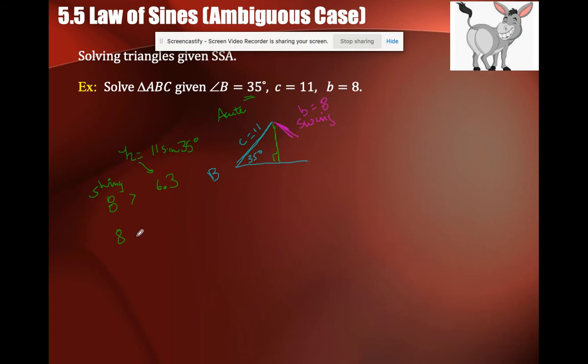The swing side, though, is less than 11, the connected side. If your swing is between the height and the connected, you are going to have 2 possible triangles.